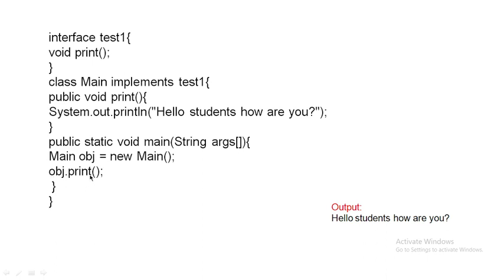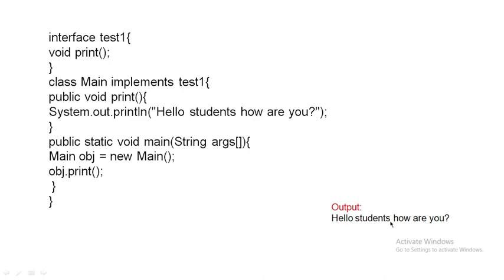Obviously this is the method of the interface InterfaceTest1, and it is an abstract method which is being implemented inside the Main class. The interface method is implemented inside another class, and it is called inside another class.